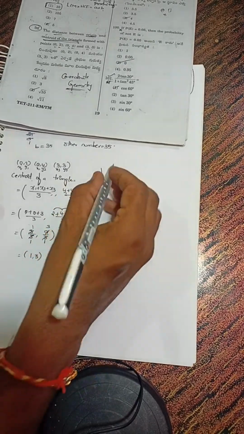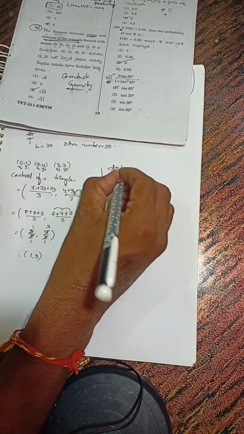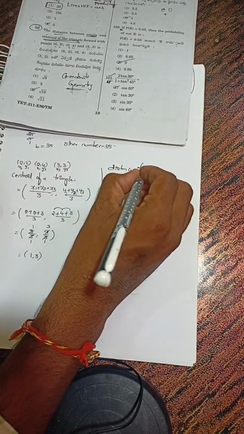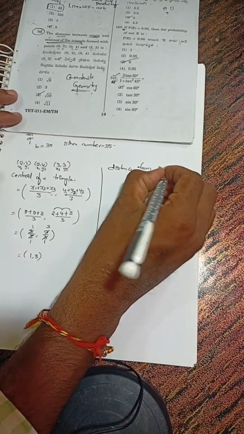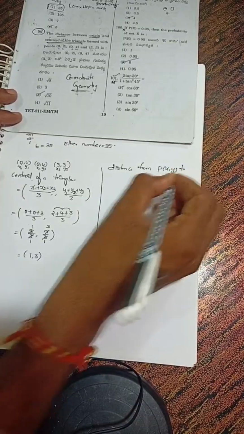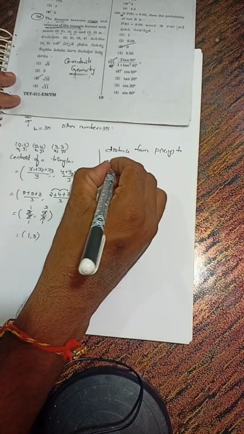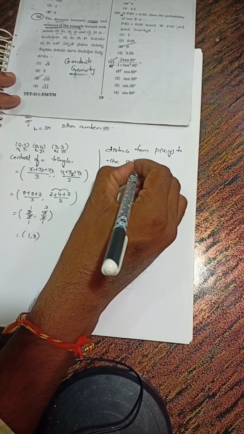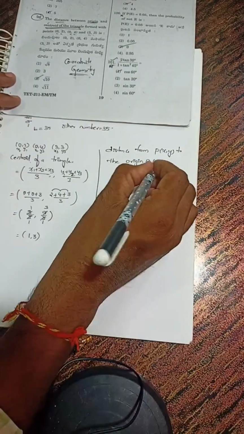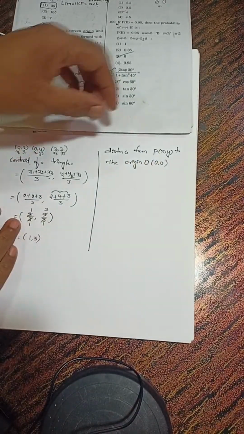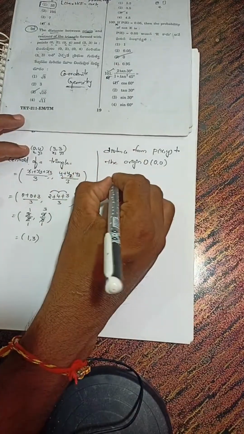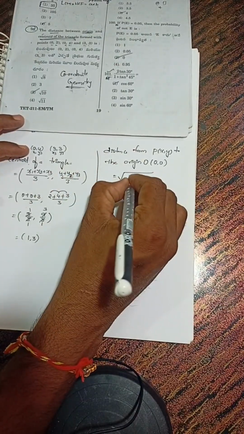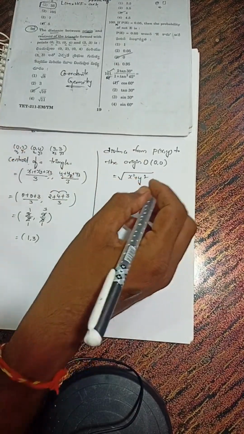Now we have to find the distance from the point P(x, y) to the origin. Origin O is (0, 0). So for the distance from the point to the origin, we have the formula: under root of x square plus y square.